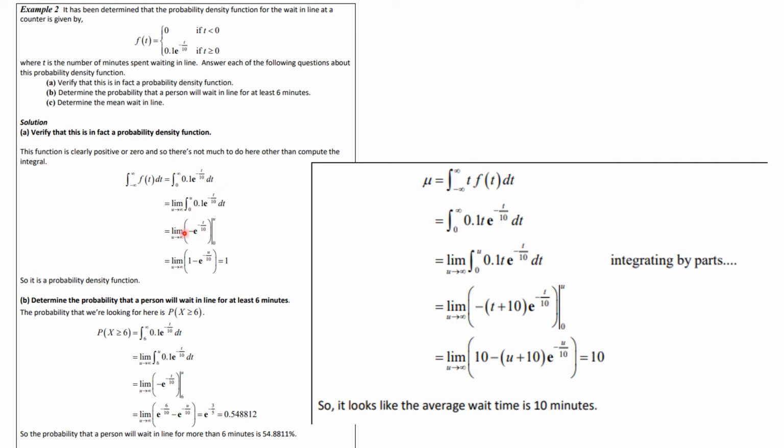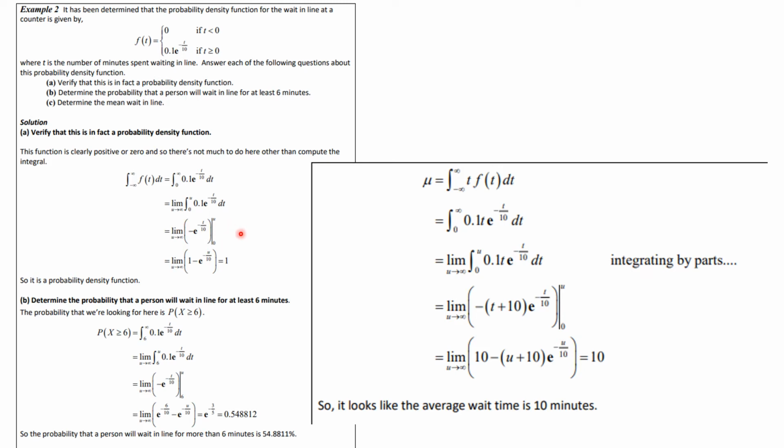And as we learned, this is the limit as the top limit a tends to infinity, and we do the integration, and this is minus e to the minus t over 10, and we're evaluating that at this value a, and 0.